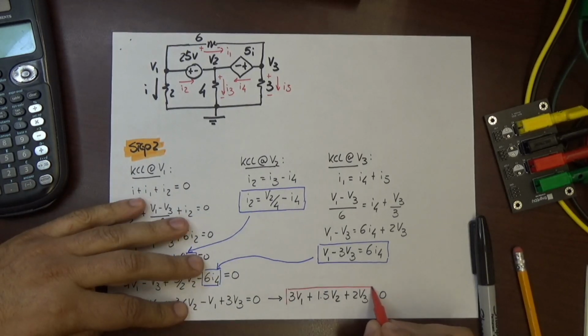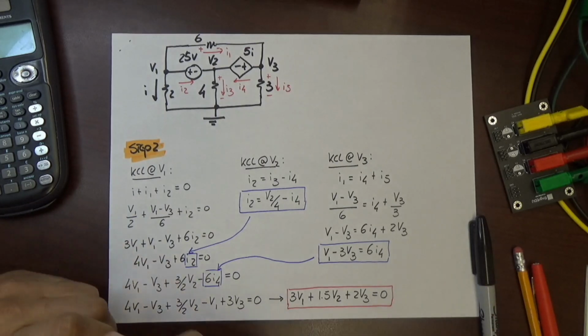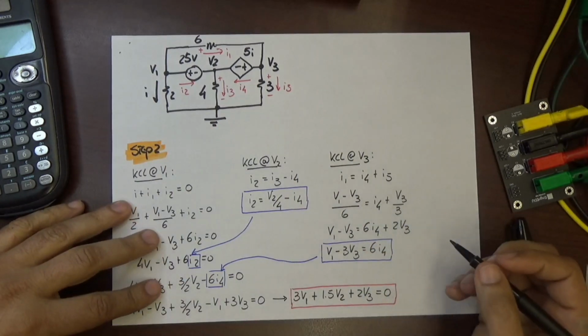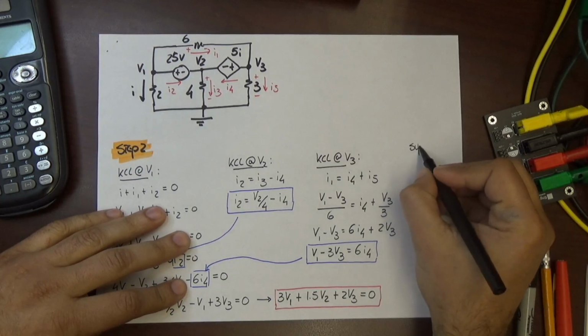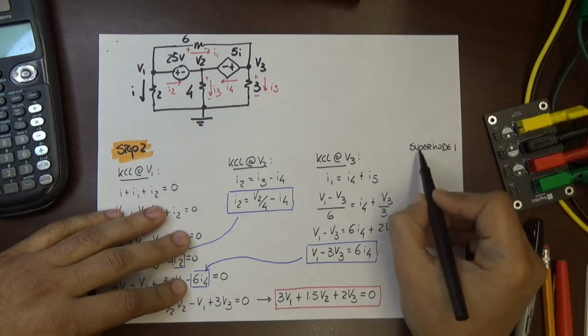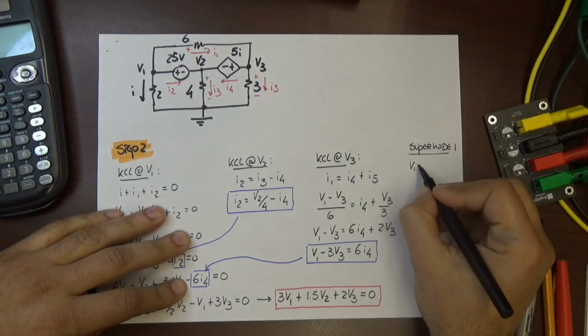Now I still have 3 unknowns and 1 equation. If I apply the supernode, because I have 2 supernodes, again they are surrounded by 2 non-reference nodes. So for the first supernode, which is related with the 25 volts, we have V1 minus V2 equals 25 volts.